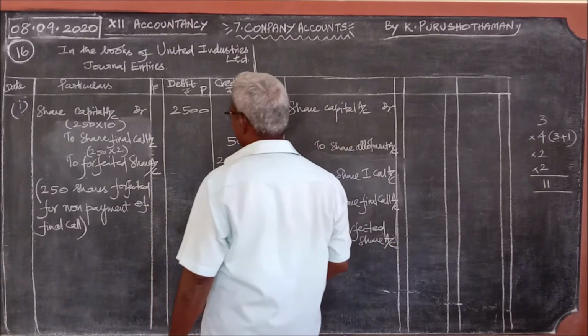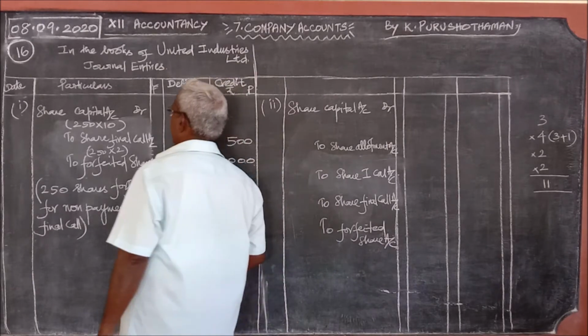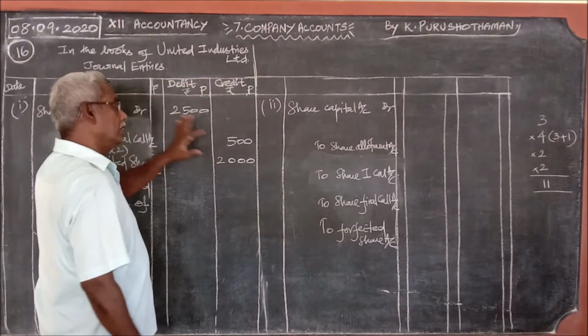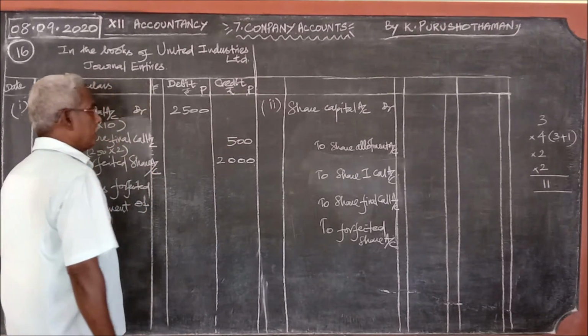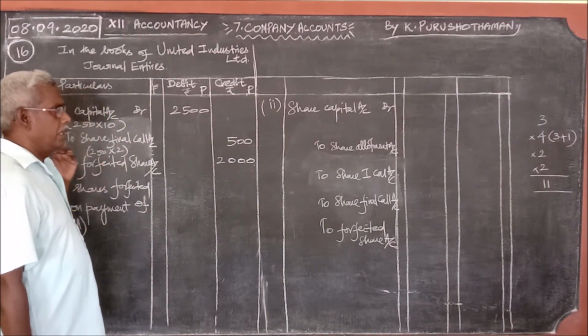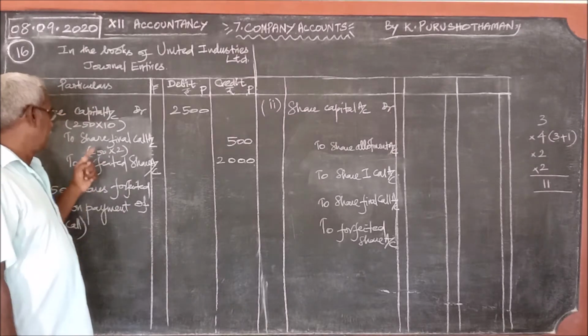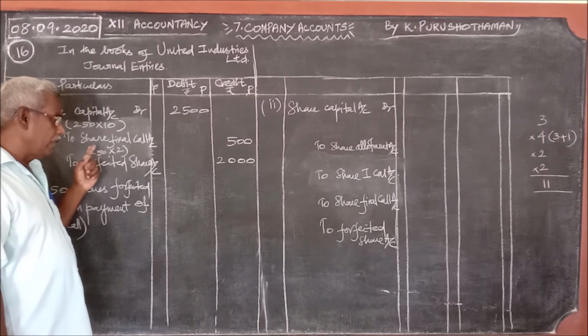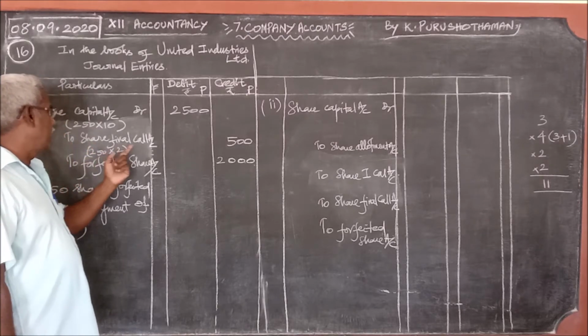What is the general idea of writing the forfeiture journal entry? On the debit, share capital. Good. On the credit, you write the names of the stages for which the amount was not paid. Here in the first case, only final call money was not paid and therefore we have written this.